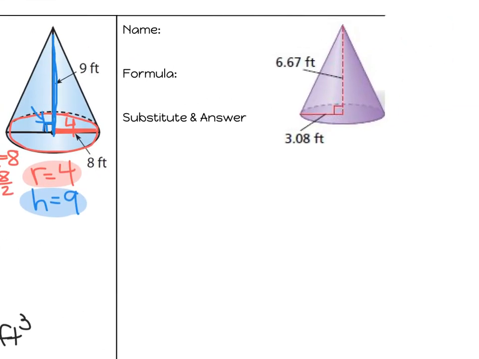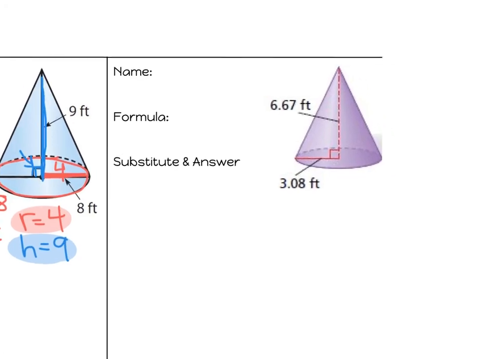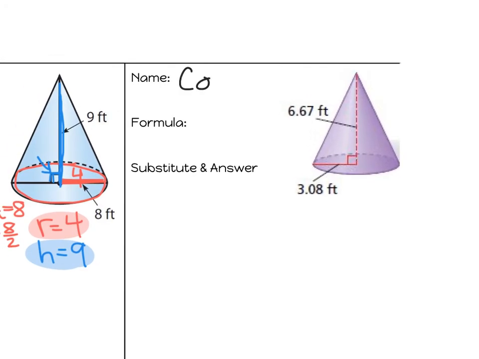Alright, the next one, we have a cone again. The formula is still volume equals 1/3 times pi times r squared times our height. And let's figure out our radius and our height.